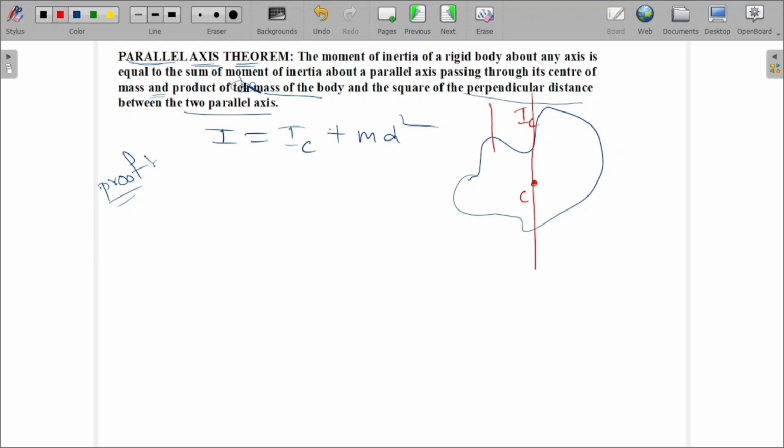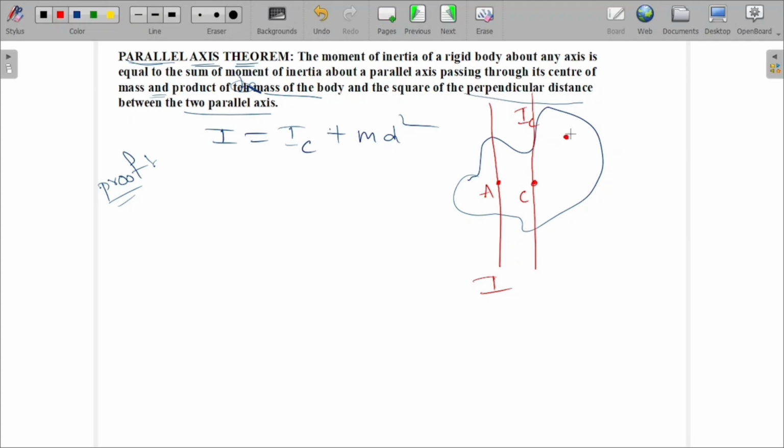Now I want to find the moment of inertia at this other point, this is I. These two axes are parallel. Let's consider this point as A.